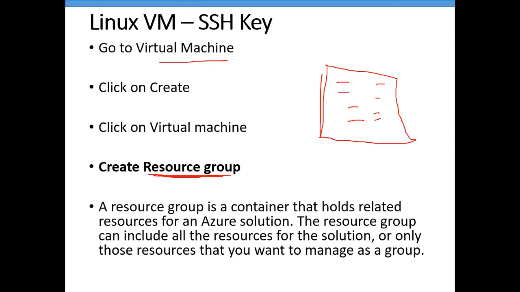Whatever services or resources we are going to build in Azure, we are going to create those resources in a resource group. Resource group is one single location where you can see whatever you have created in Azure. It is one single place where you will get all the resources you have built.